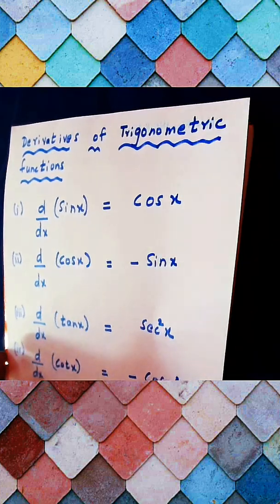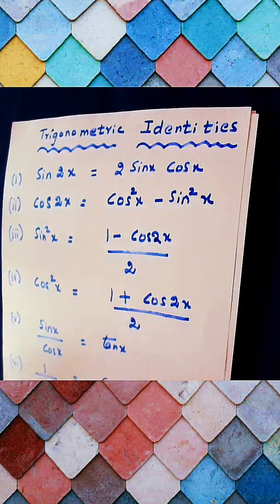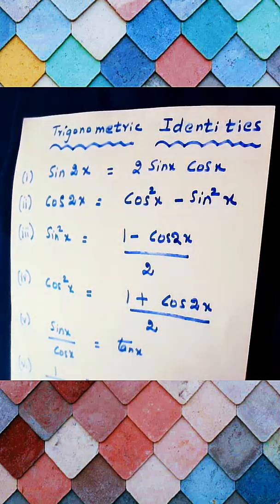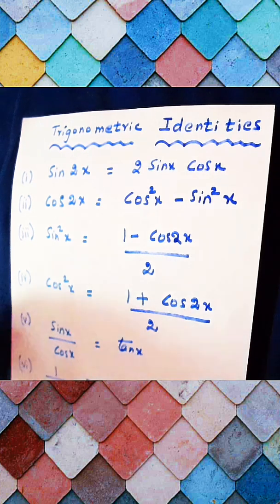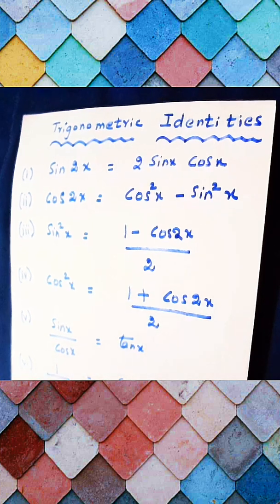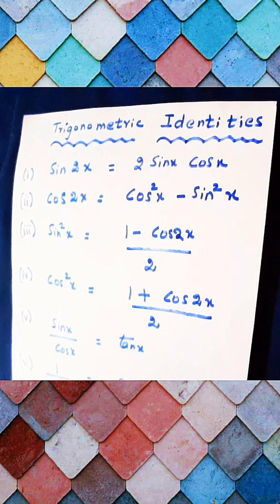Next, you need to know some of the trigonometric identities. Very important identities to solve the problem. First one is sin 2x is 2 sin x cos x. Cos 2x can be written as cos square x minus sin square x. Sin square x is (1 minus cos 2x) divided by 2.